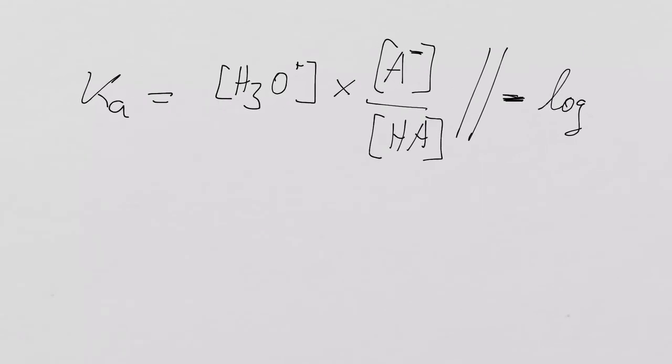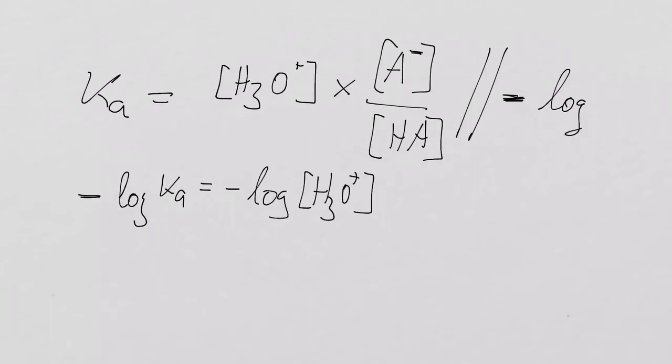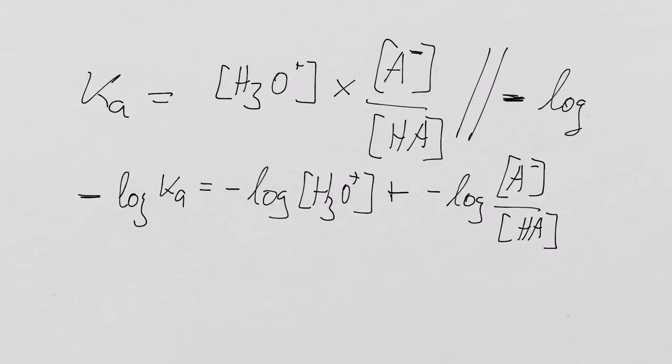So what do I get? I get minus log Ka equals minus log of H3O plus, times in logs becomes plus, minus log A minus concentration, that's the base, over the acid. Okay? So far, no miracle happened.